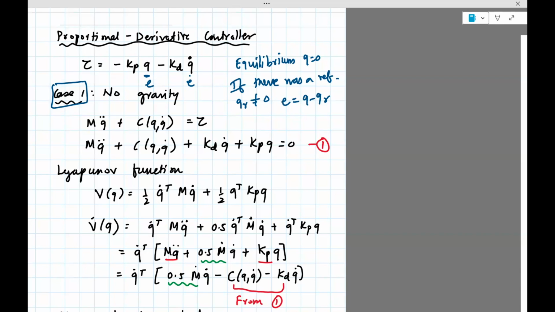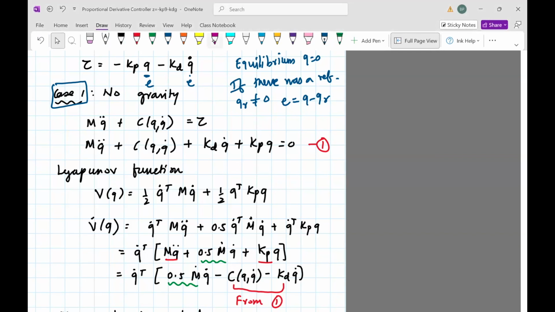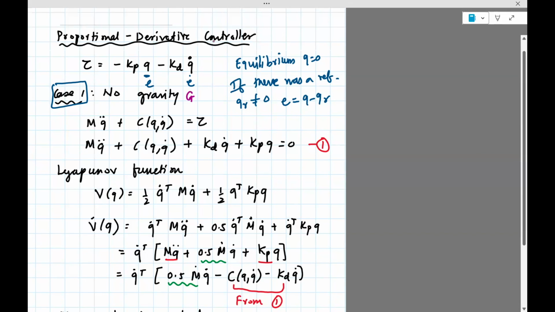Let's say that the manipulator is in the horizontal plane. If it's in the horizontal plane, then there's no gravity, assuming it's a planar manipulator, of course. So this is the equation. I just substitute the value for torque. This is the simple proportional derivative controller.